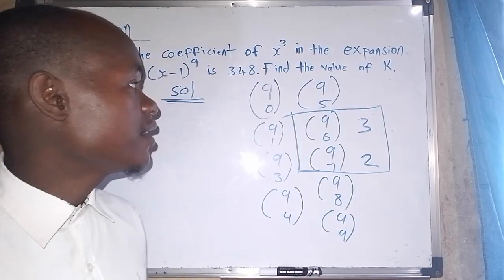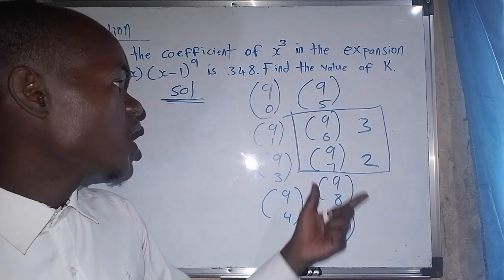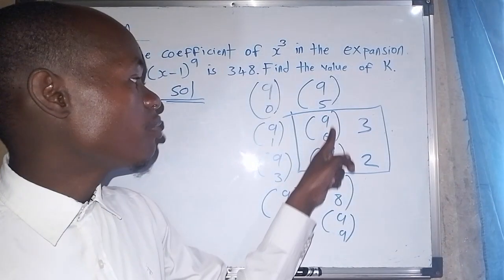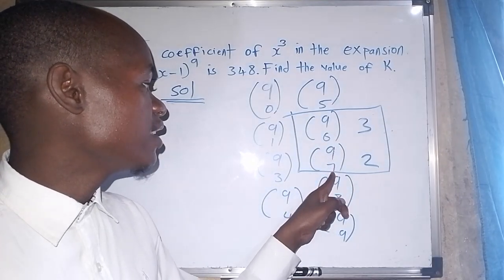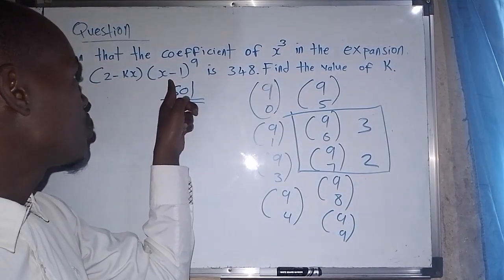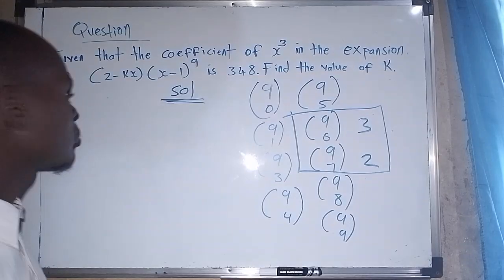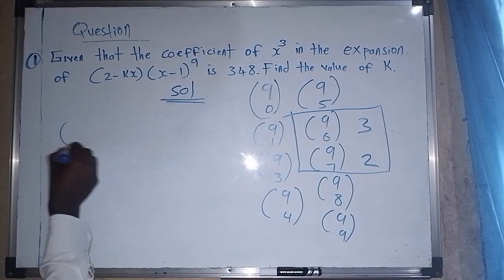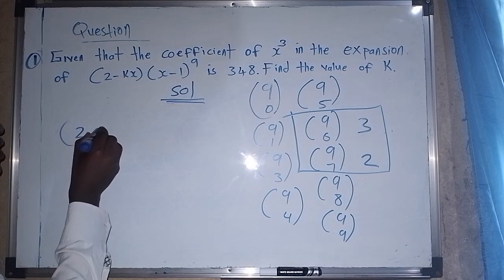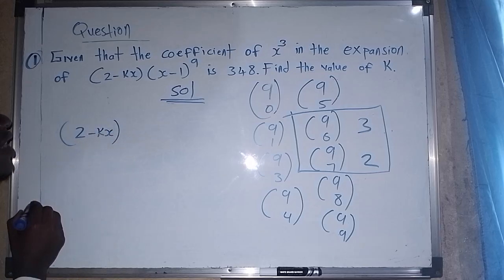Now, after identifying the coefficients, you use 9 combined 6 and 9 combined 7 to expand x minus 1. So what you do there, you say 2 minus kx, you see that?